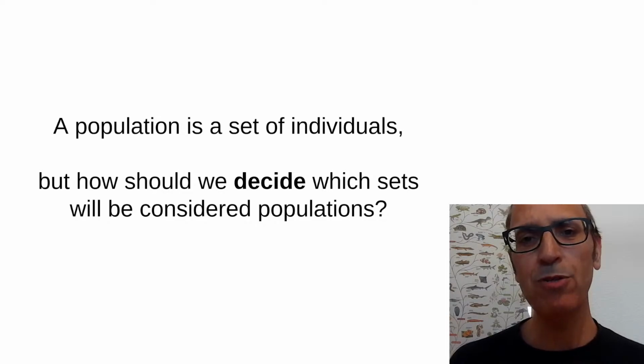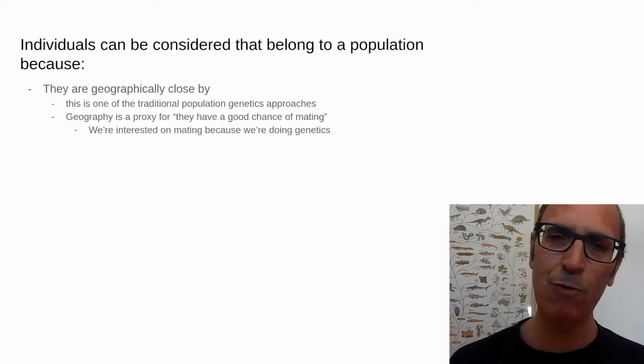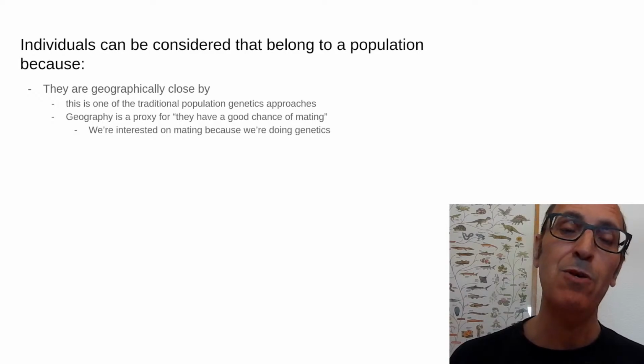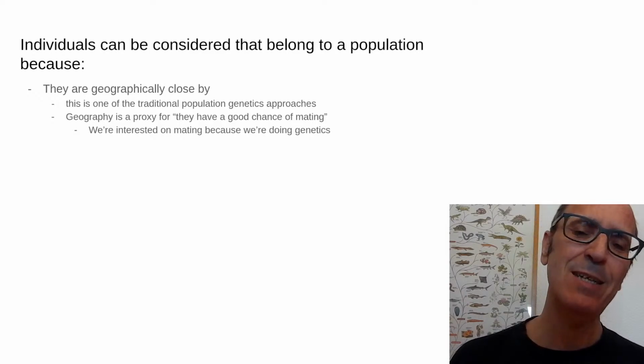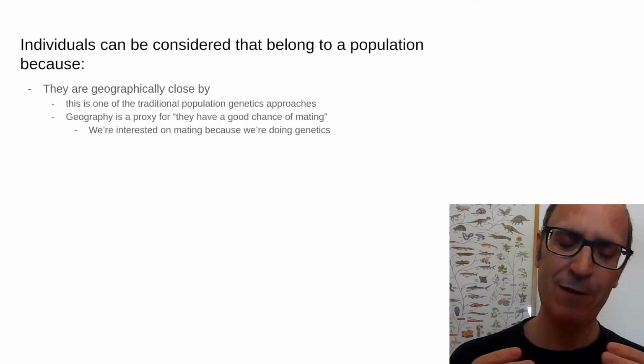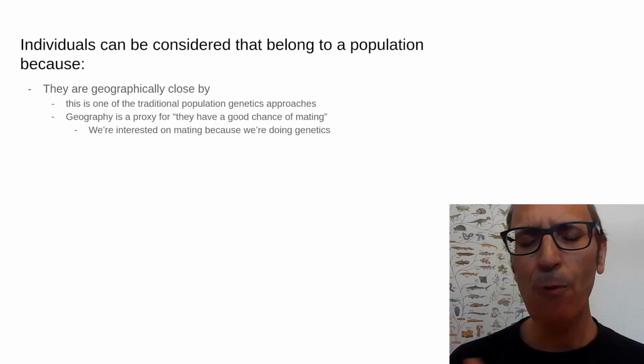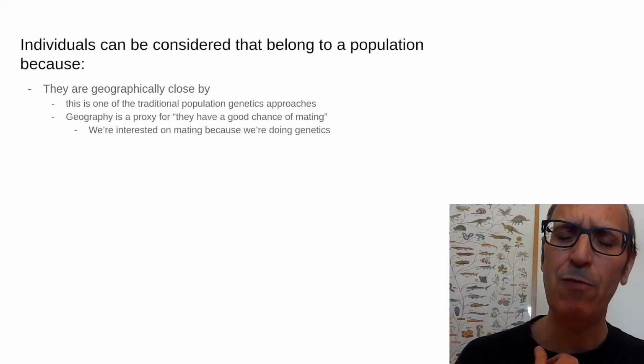How should we decide which sets of individuals should be considered a population? This is a very important question. One standard way, as I have already mentioned, is that we could think, well, it's a population if individuals are geographically close. Why are we interested in geography if we are doing genetics?